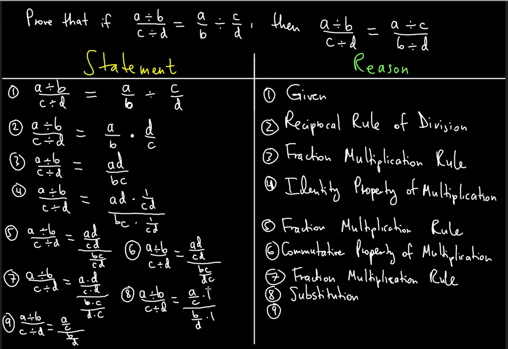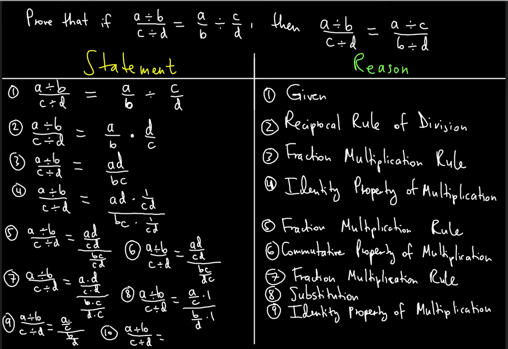Identity property means that when you multiply by 1, whatever comes before that is still that. That doesn't change, which is, in this case, A over C. So this is the identity property of multiplication.